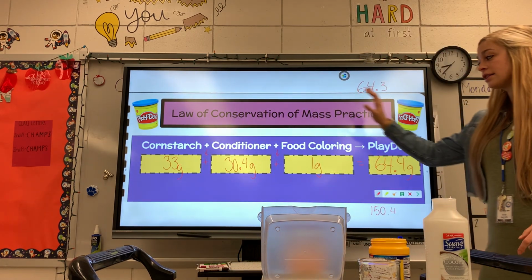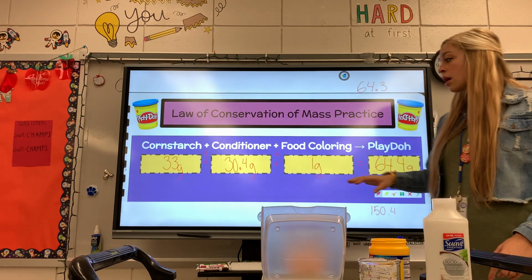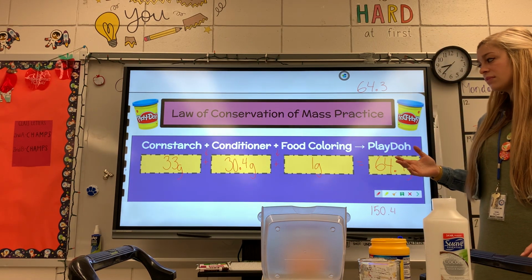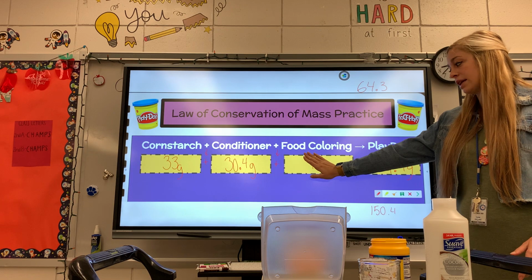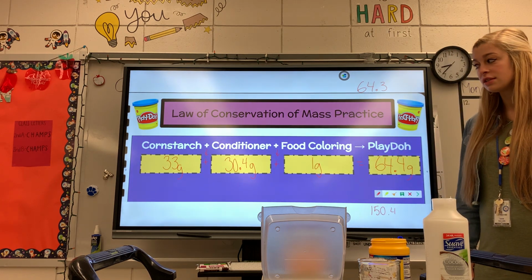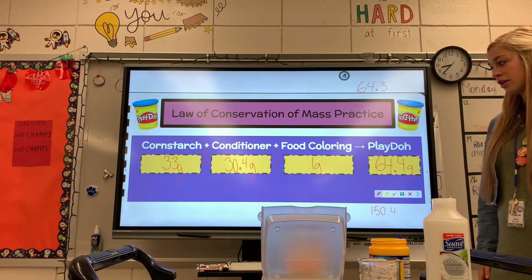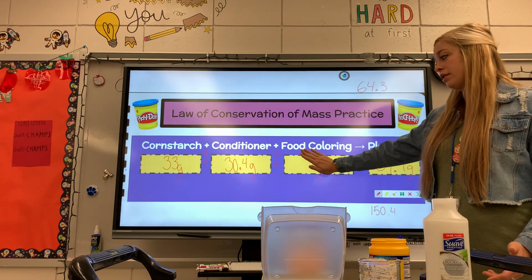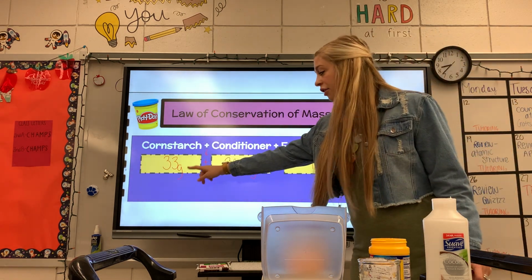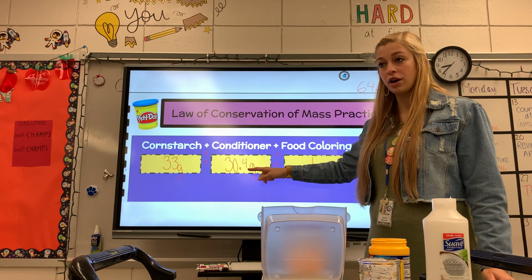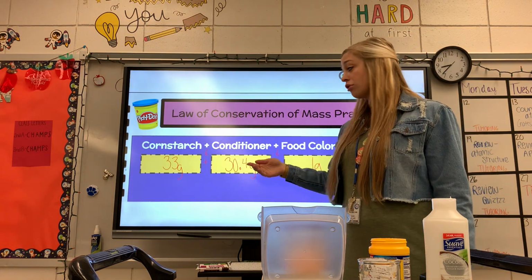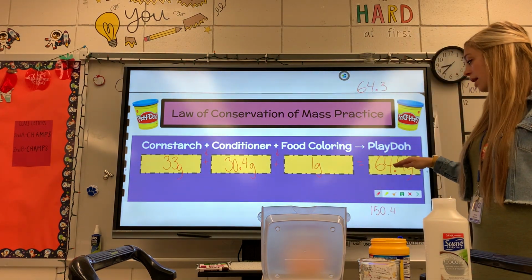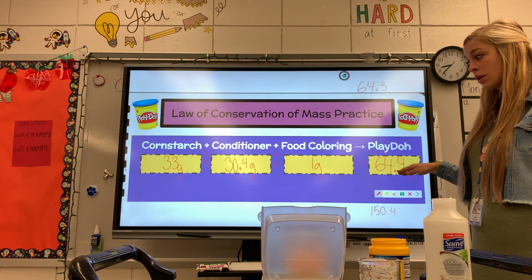So this side has to equal this side. If, say, this number was missing, could we still solve this? Yeah, of course we could. Pretend we didn't know this is 1. We could add 33 plus 30.4 to get 63.4. And on this side, we have 64.4.